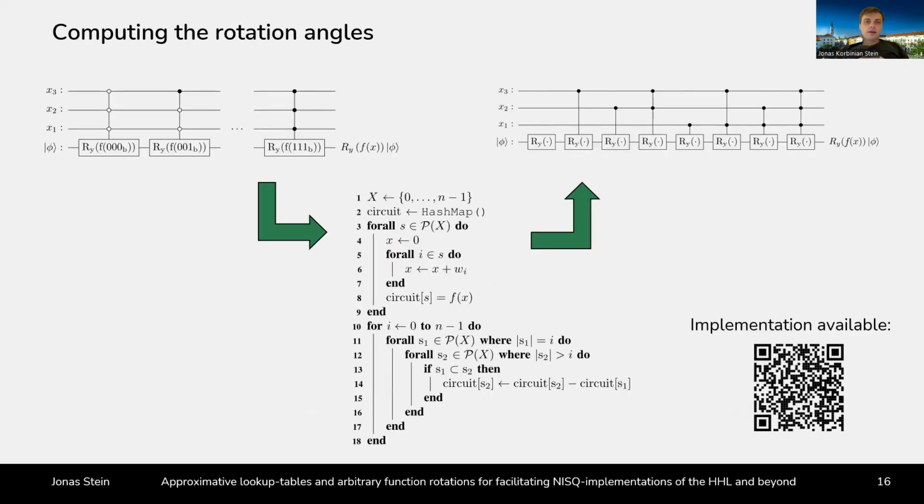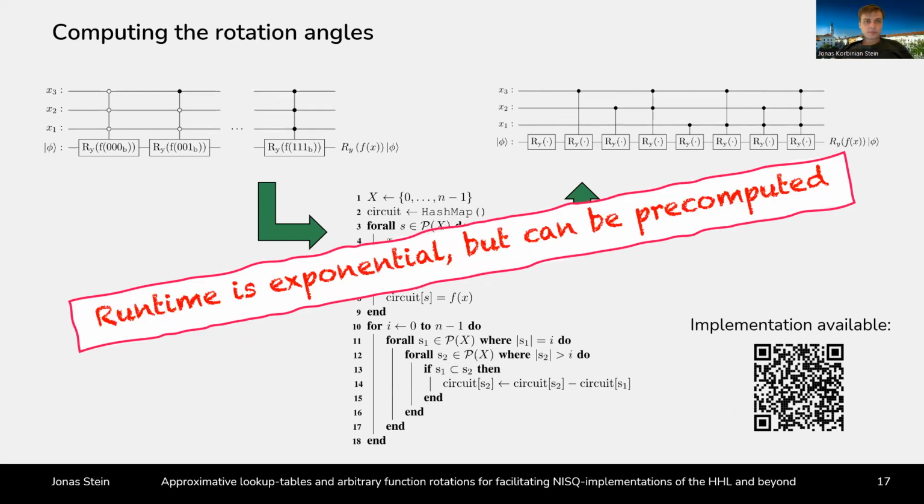As promised here, the algorithm is quite simple. We have an implementation of that online, even including the prunings, of course, where the prunings can be specified to either have a maximum circuit size that you want in the end, or a maximum error bound that shouldn't be exceeded.